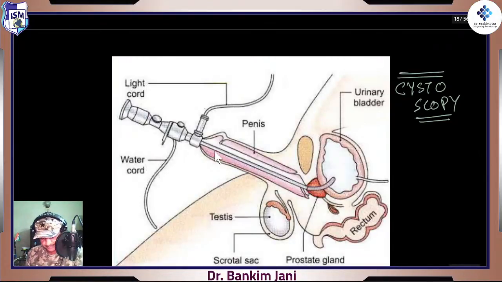See the entire anatomy: the penis, that's the urinary bladder, and then entering in, that's the prostate, and then entering into the urinary bladder. And see this rectum posteriorly situated.